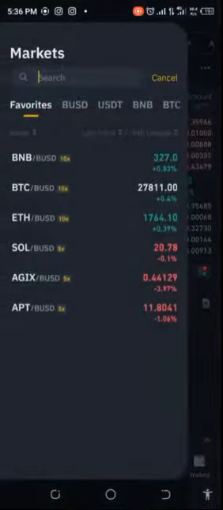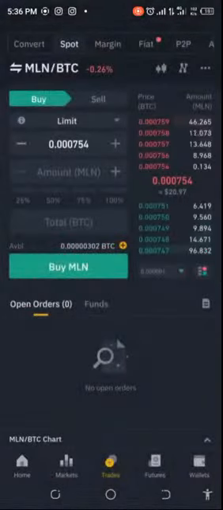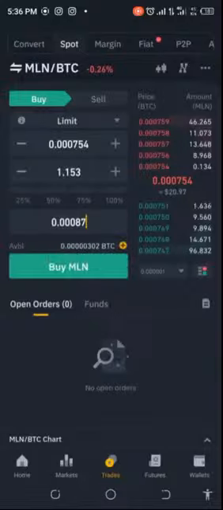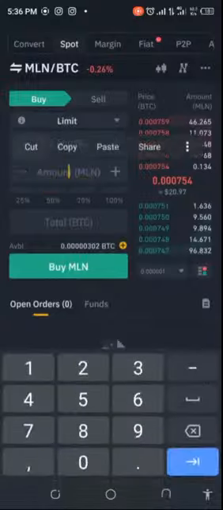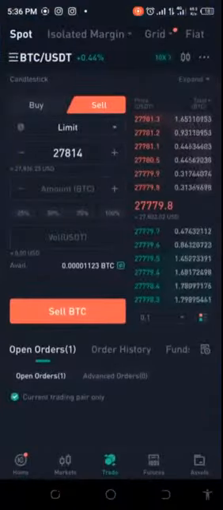So let's go ahead and do MLN BTC. All I have to do now is buy that, put in the BTC and buy that. So what I have is 1.153, which is good. So I copy that amount and go over to KuCoin immediately and check what it will be. Then we'll take off all the charges.